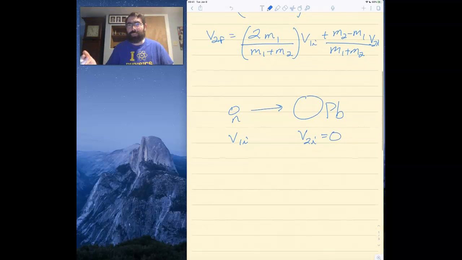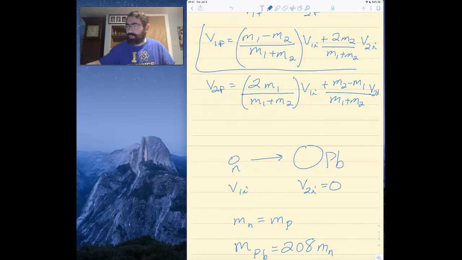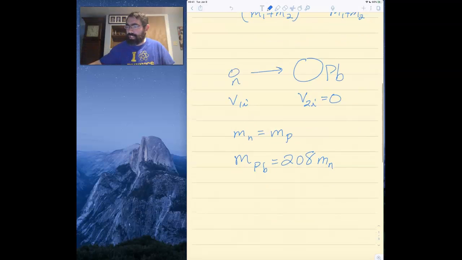Lead is made up of 208 protons and neutrons, and the mass of a neutron is pretty much the mass of a proton, which means the mass of lead is essentially the mass of 208 neutrons.